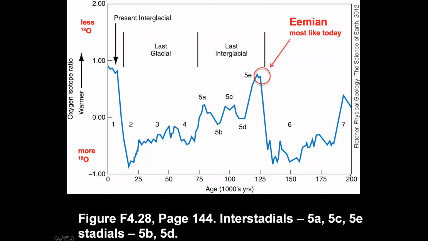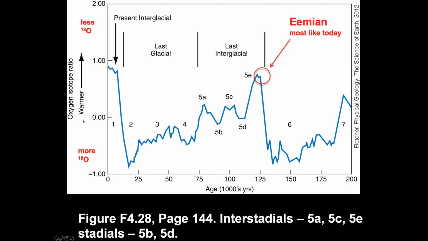This is 200,000 years ago, 150, 125, 100, and 75. And these events happened between 75 and about 130,000 years ago. So 5E, 5C, and 5A were the warming bumps, and 5B and 5D were the cooling events.